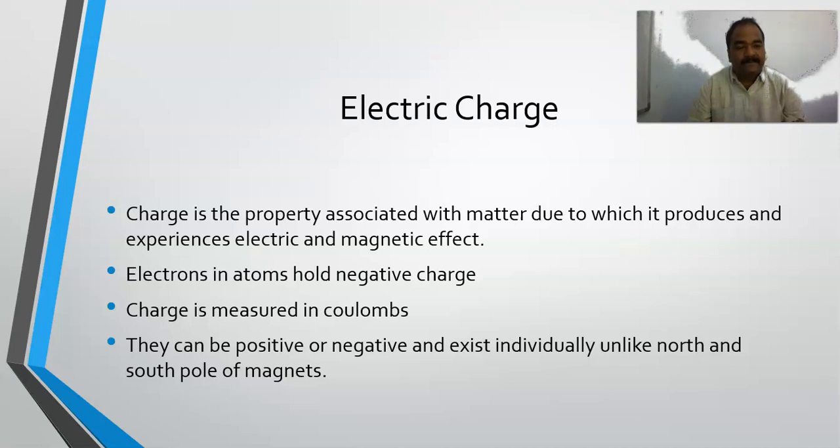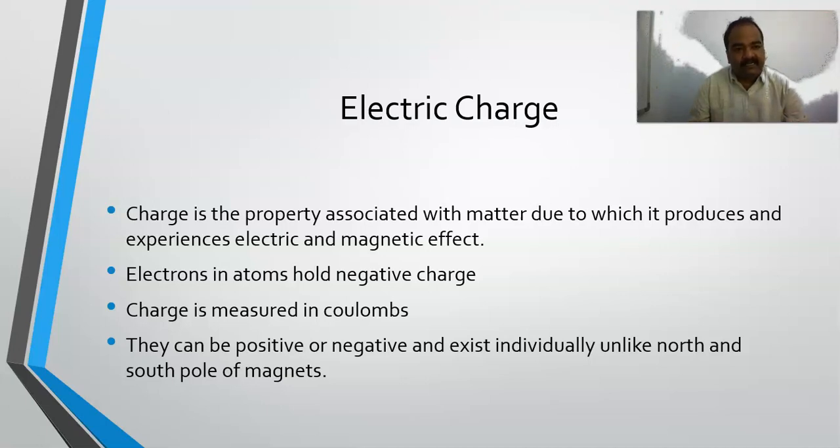Similarly, in electrical engineering, a group of electrons, which are negatively charged particles, is termed a negative charge. So we assume that negative charges and positive charges exist in matter, and these charges produce electric field and also magnetic field.